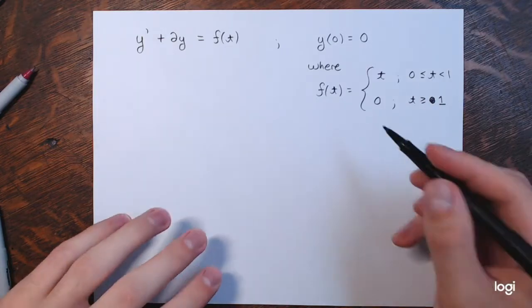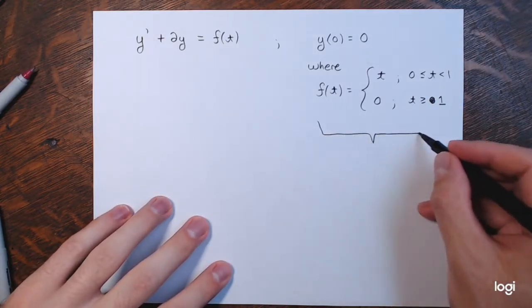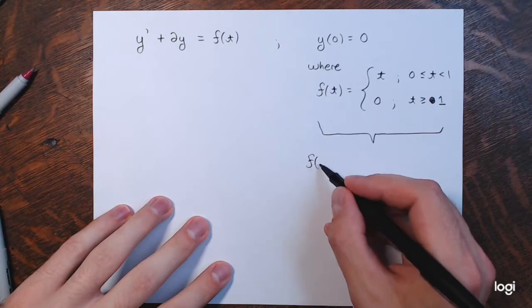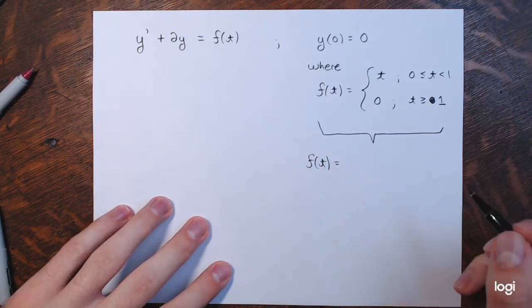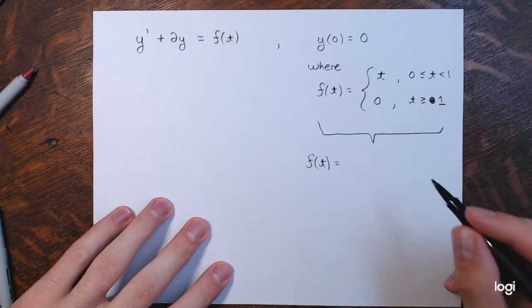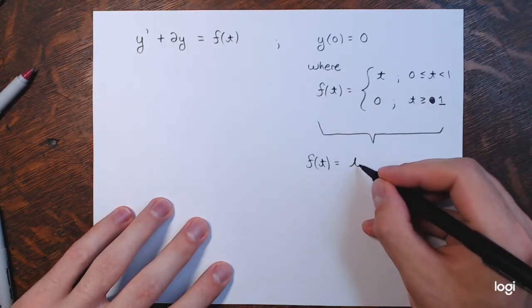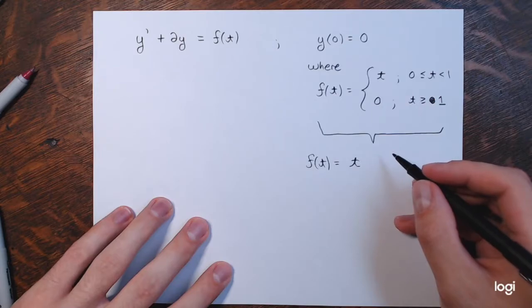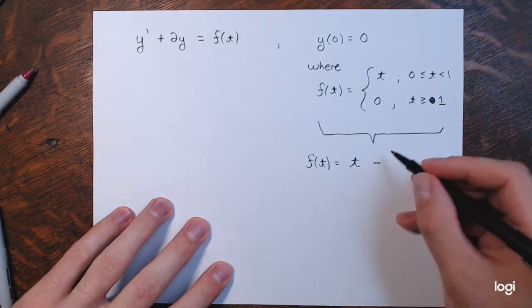But rather than do all that, I'm going to rewrite this function involving the unit step function. So again, first piece, t. And then I'm going to take that piece away after 1.